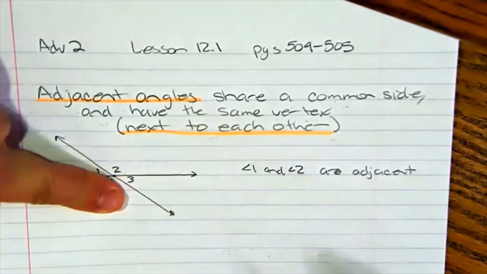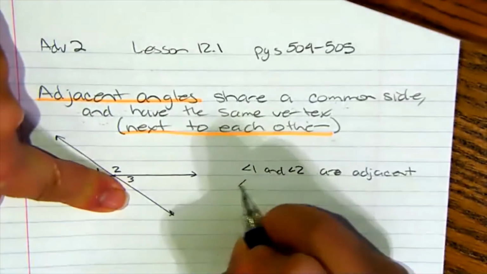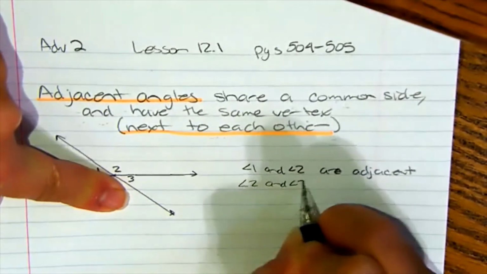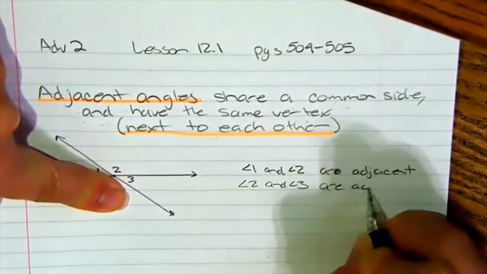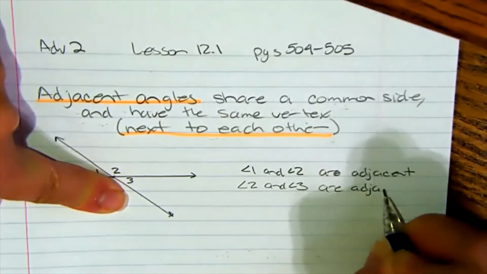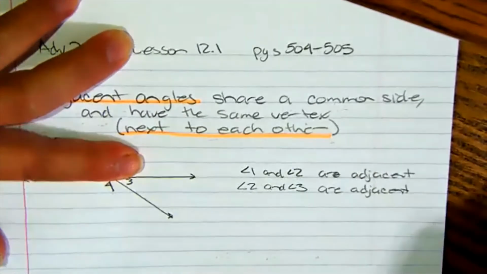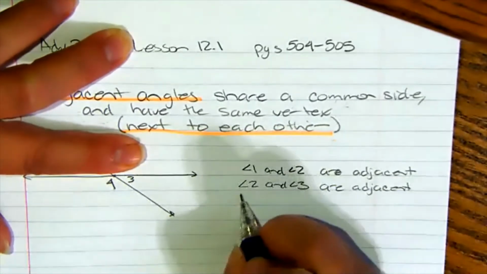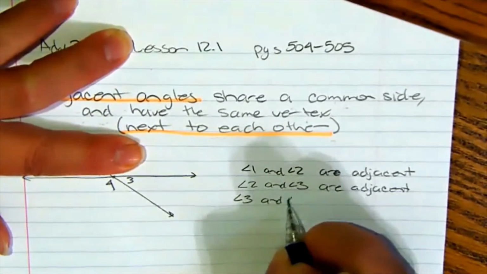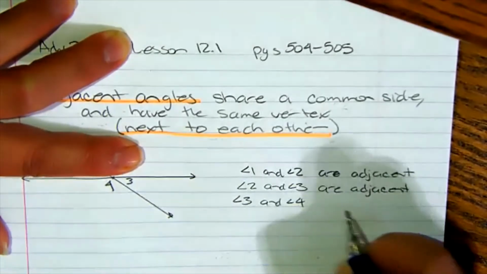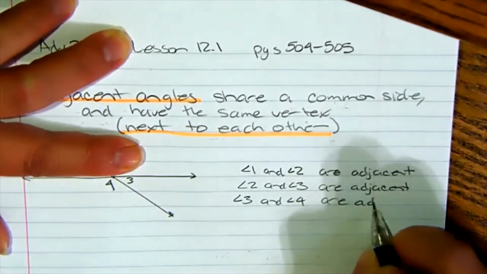So now let's take a look. Angle 2 and angle 3 are adjacent. Here we go. Angle 3 and angle 4 are adjacent.